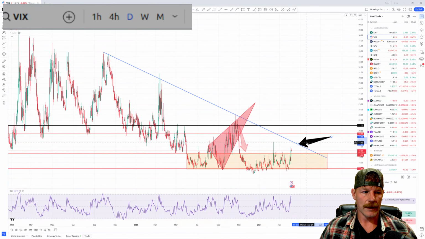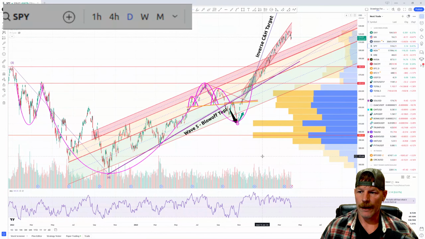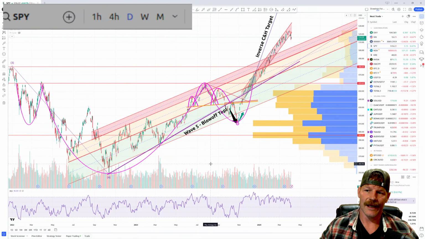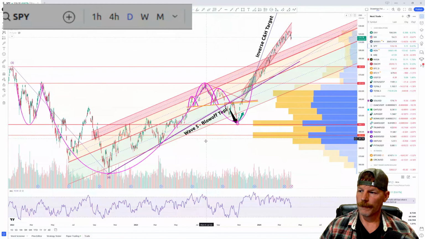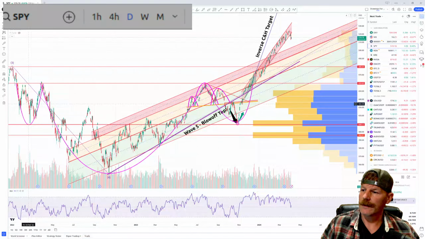Let's jump over to the SPY next. All right, and here I have the zoomed out view. You can see everything has happened exactly like I predicted. I couldn't have predicted market patterns more accurately. I don't have the support level drawn here, but let me just put that on the chart real quick. Brief recap, we have this inverse head and shoulders pattern.